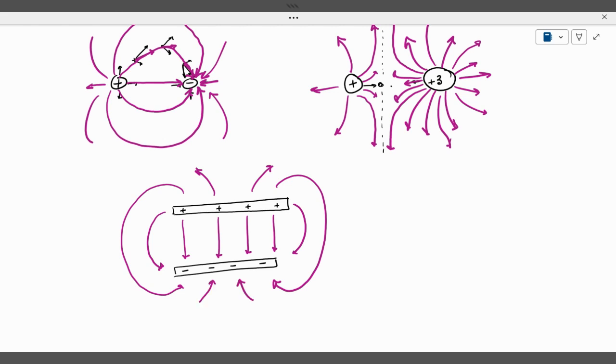But the interesting part is the middle, because if we have this uniform field and we were to, say, fire an electron through it, we could evaluate what's happening to it, and it would behave very similar to a projectile.